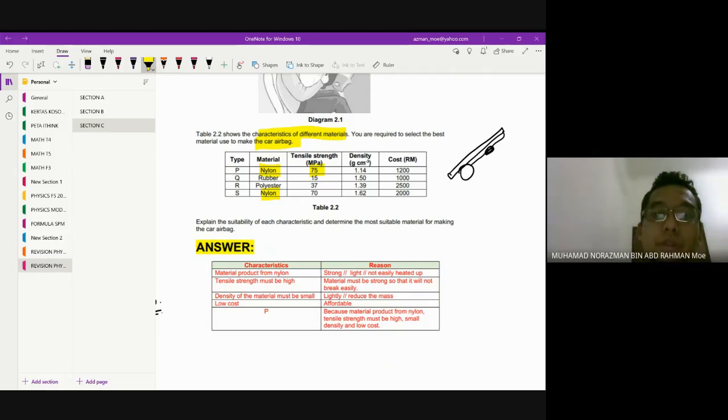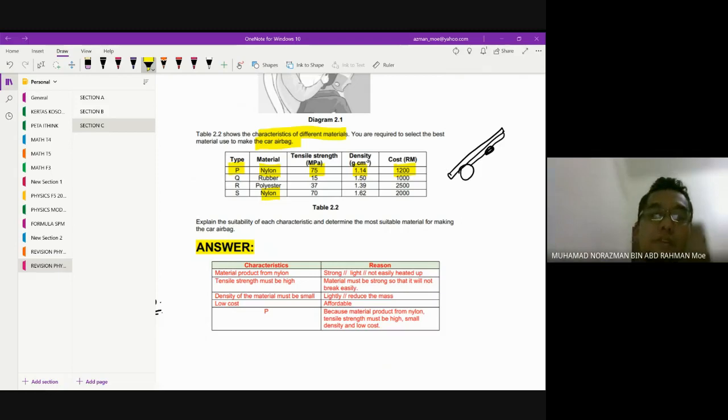So do we want to use small density or higher density? We use small density. Why? Because it will be lighter. Okay. And cost. So obviously we want to make sure that it is low cost. So we know we choose type P.